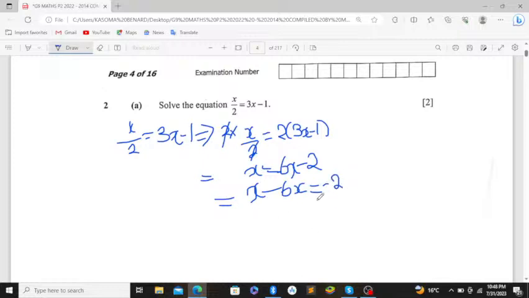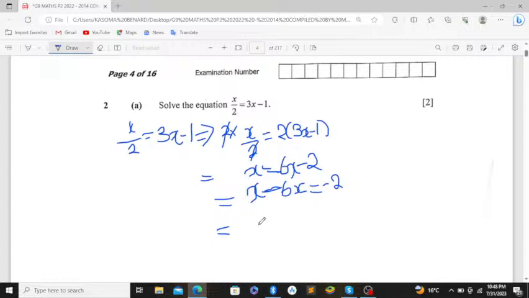Then I'm going to evaluate this side. So I'm going to have is equal to, then x. I'm going to ask myself which one is big, since these are like terms. I'm going to find which coefficient is bigger between the one on this side and this 6.